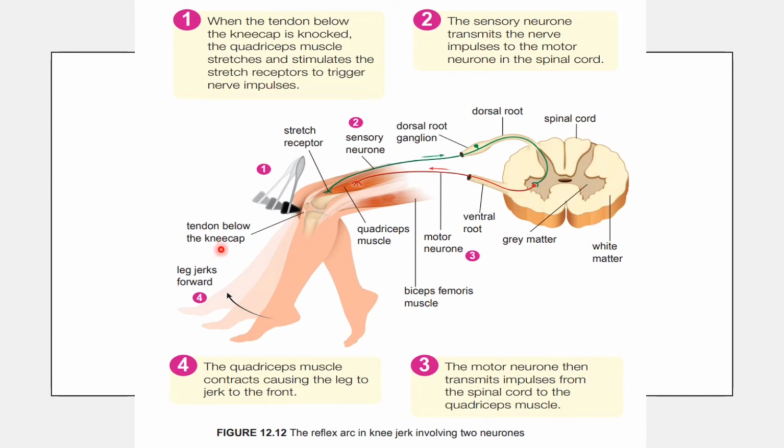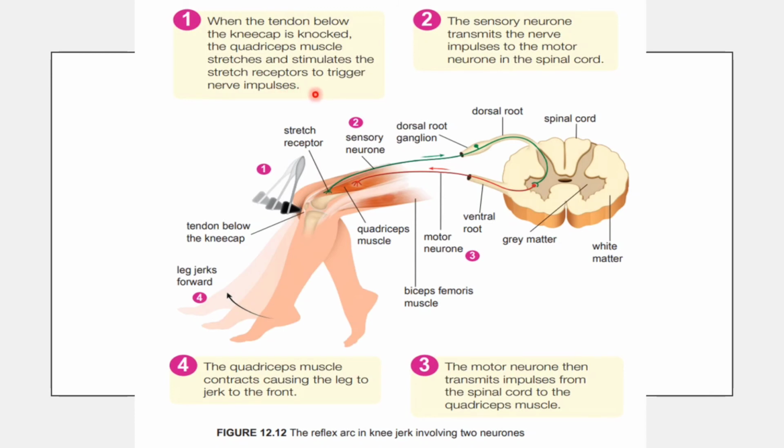This figure shows the reflex arc in the knee jerk involving two neurons, sensory neuron and motor neuron. At first, when the tendon below the kneecap is knocked by the rubber hammer, the quadriceps muscle stretches and stimulates the stretch receptors to trigger nerve impulses.